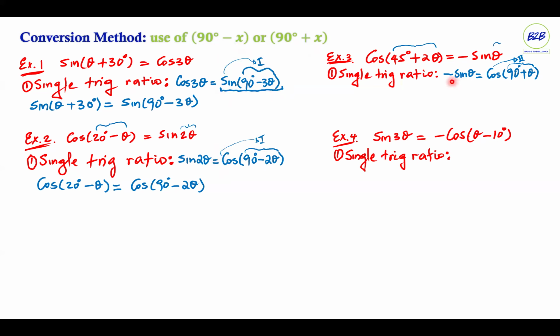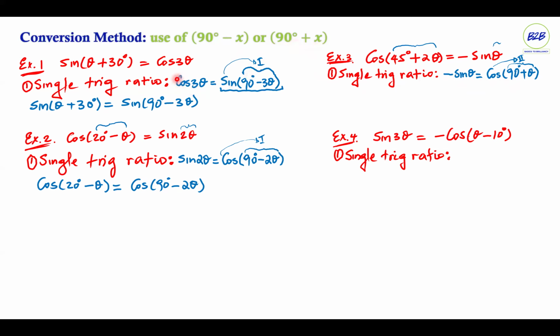But when the coefficient specifically for sine is -1, then that calls for 90 degrees plus x and only 90 degrees plus x. So keep that in mind. When the coefficient of sine is a -1, that calls for this one, specifically that one.